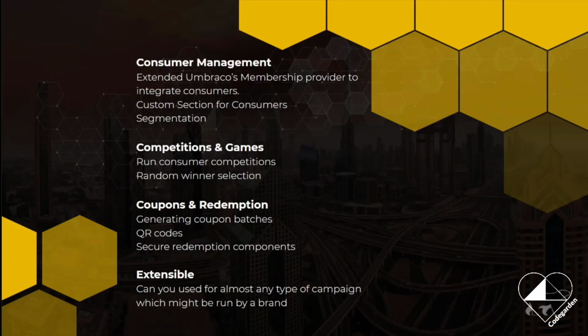We've also built competitions and games to allow those brands to really use the engine and push it forward. There's a whole coupon management system, so coupon codes get sent out within the system, QR codes, and I'll talk about that a bit more in a second.